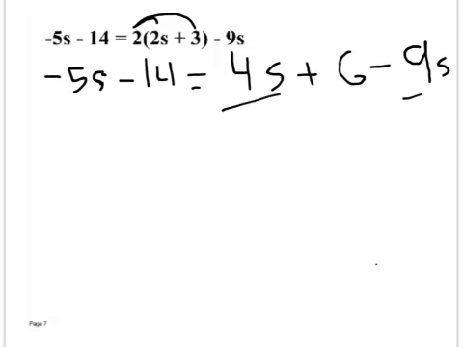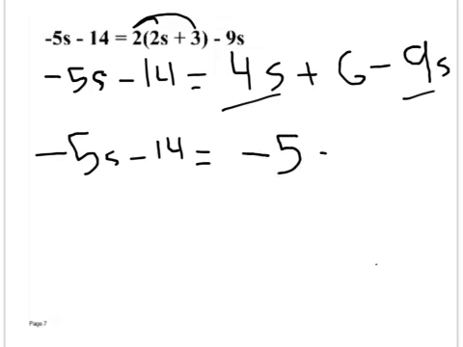Well, we add my like terms on the same side. Four s minus 9s is negative 5s plus 6. Does everybody see how I got that? I subtracted 4 minus 9, and it gives me negative 5s.